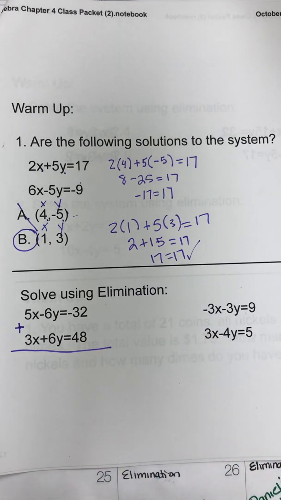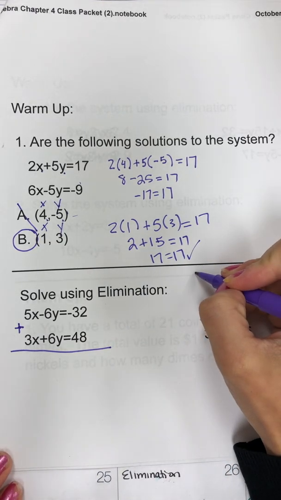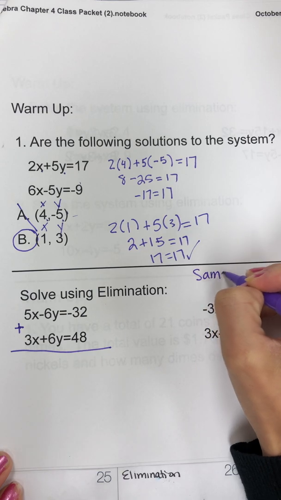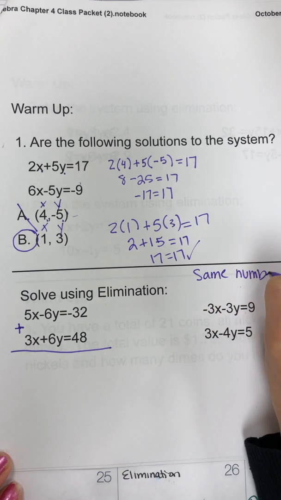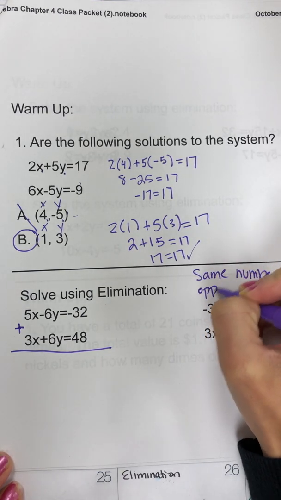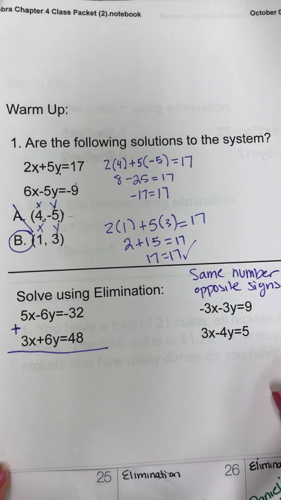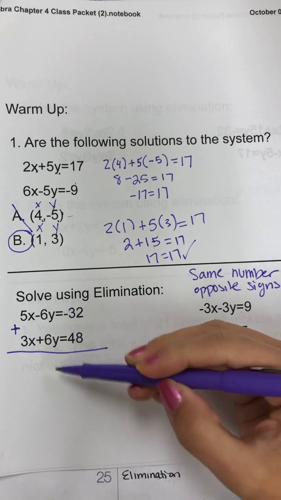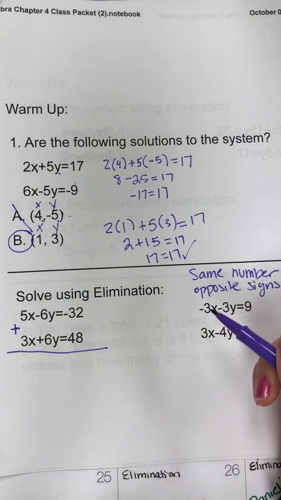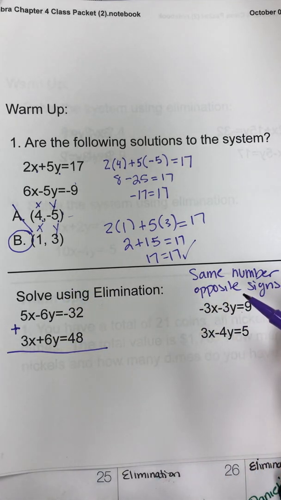So, in order for a variable to cancel out, they have to be the same number and they have to be opposite signs. So y has the same number 6 and they're opposite signs. So I know before I even add these together, the y's are going to cancel out, which is the purpose. I want that to happen.